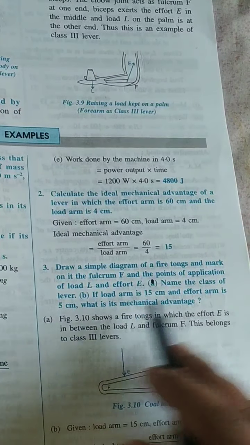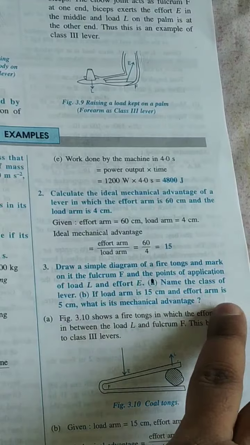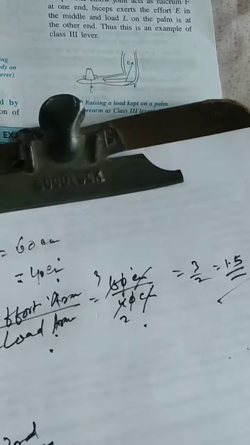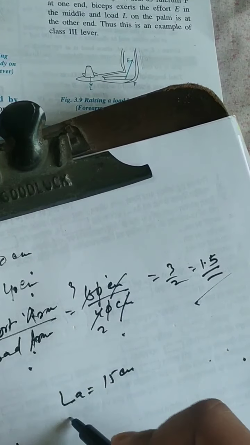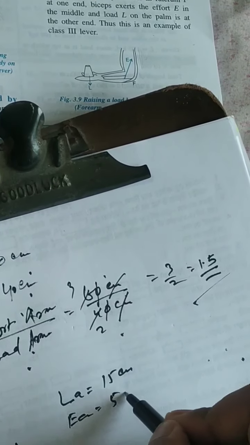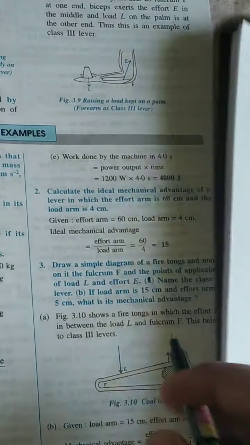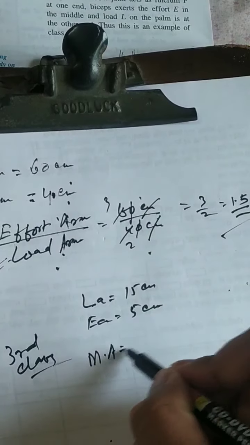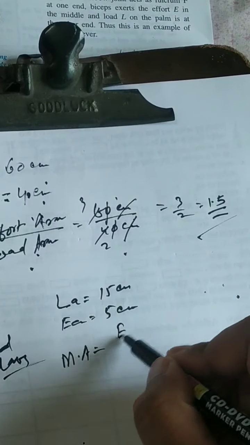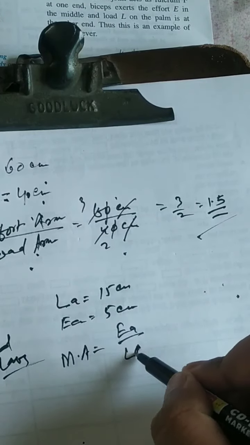If load arm is given 15 centimeter and effort arm is given 5 centimeter, what will be the mechanical advantage? Look at this. Mechanical advantage is equal to effort arm by load arm.